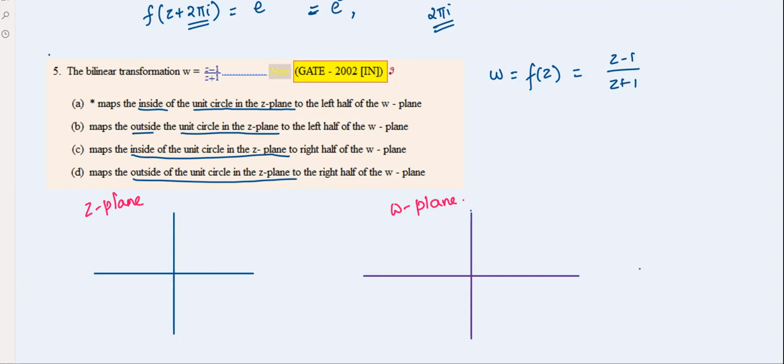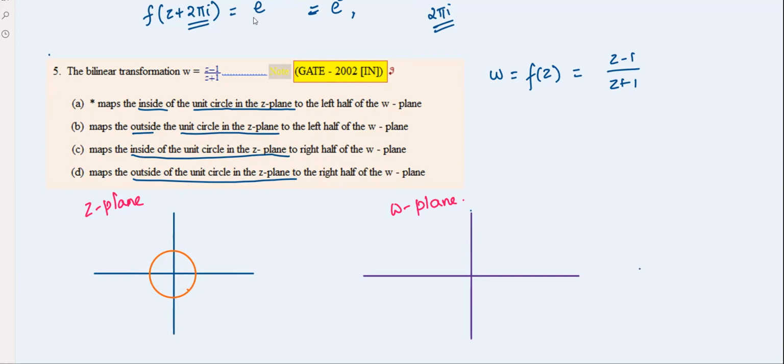Okay. So on the Z plane, you have the unit circle. Now, how does it transform to W plane?